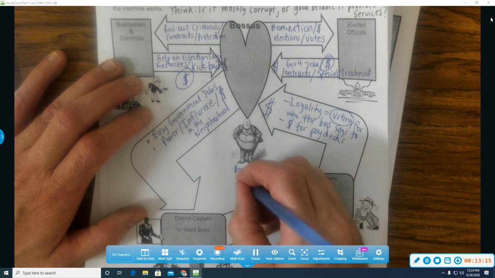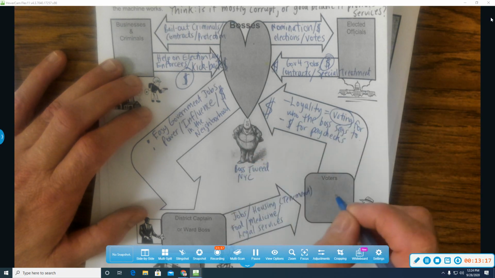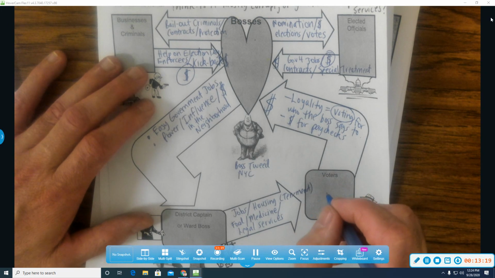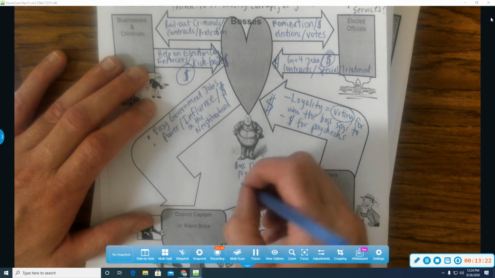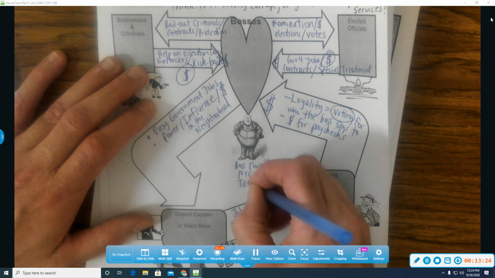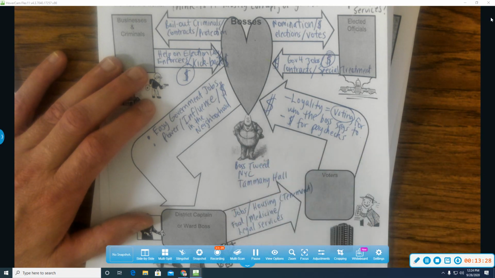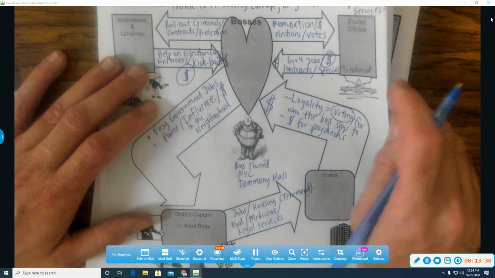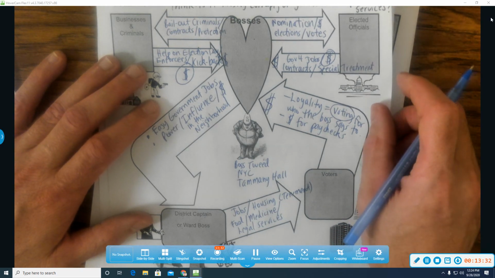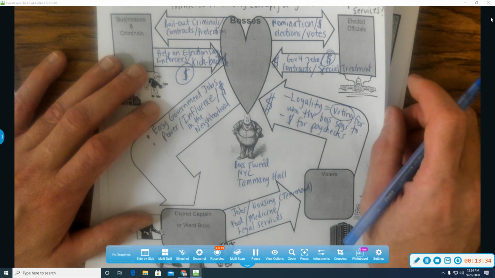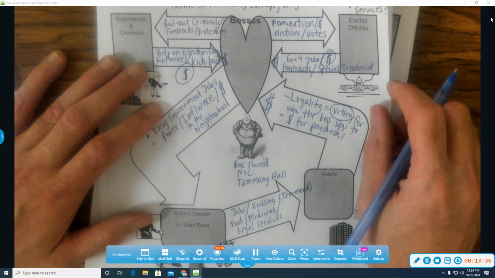New York City. The name of the government building that he built, Tammany Hall. And you know that there was a lot of corruption in building facilities, kickbacks, and overspending, overcharging. And we saw all that in our reading.